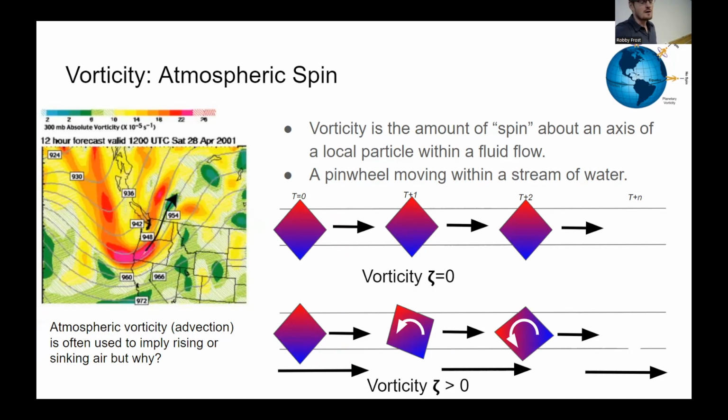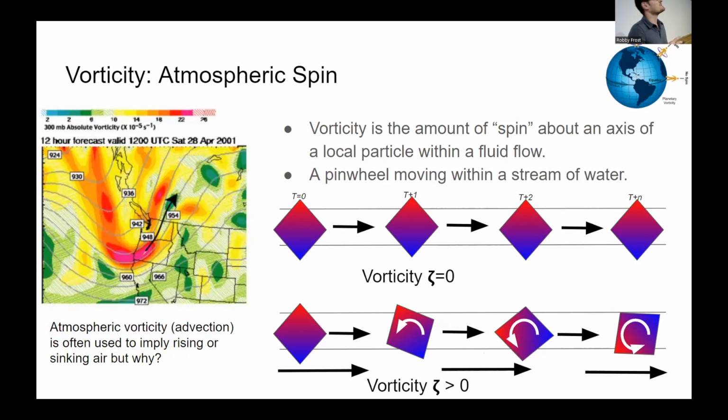But if you've got a stream of water where there are differences in how fast the water is moving on one side, say on the bottom side, you can actually get, oh, I forgot I had that sick animation in there. If you have a difference in the flow speed, it'll actually cause the pinwheel to spin as it continues through the water. You see kind of how that changes with the arrows there? The pinwheel is actually spinning with time. And that's called vorticity. That's all that is, it's just the spin of that particle.